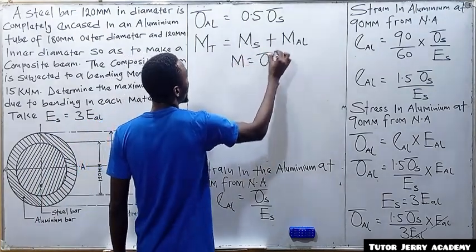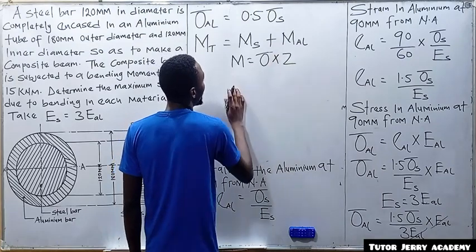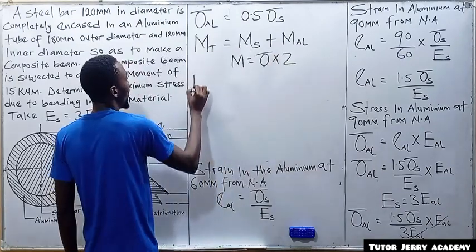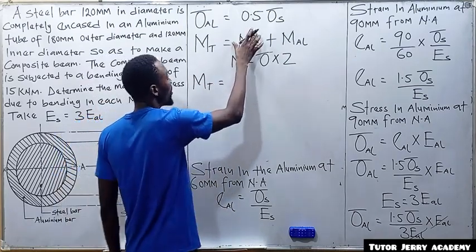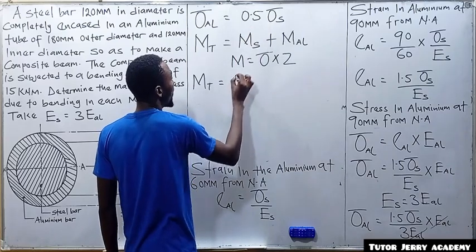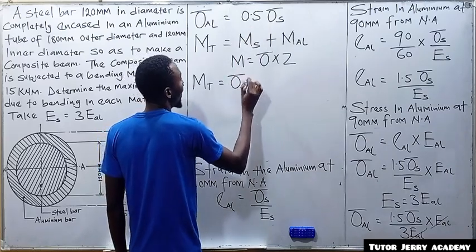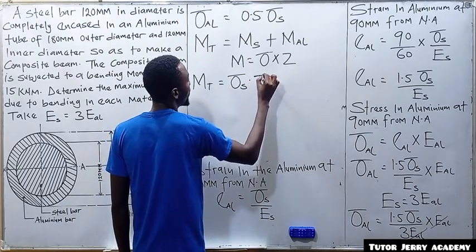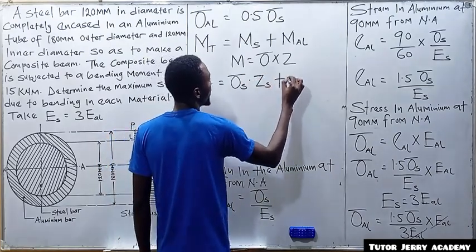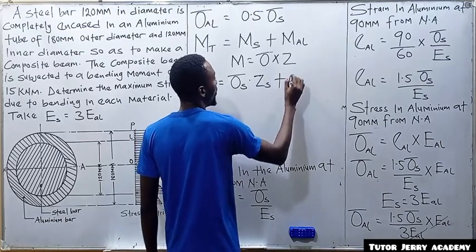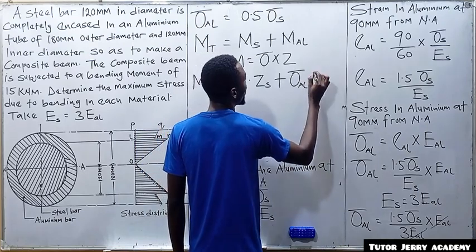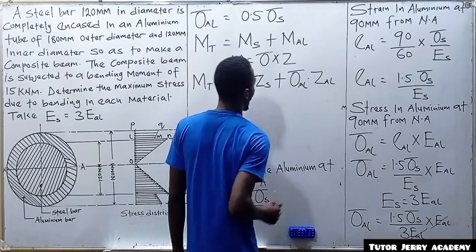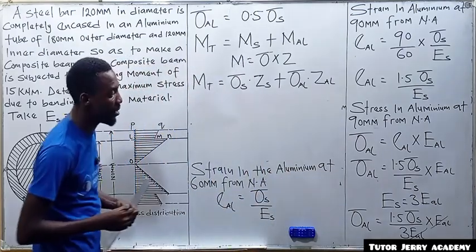Take note of this. So the total moment is the stress in the steel multiplied by the section modulus of the steel, plus the stress in the aluminium multiplied by the section modulus of the aluminium.